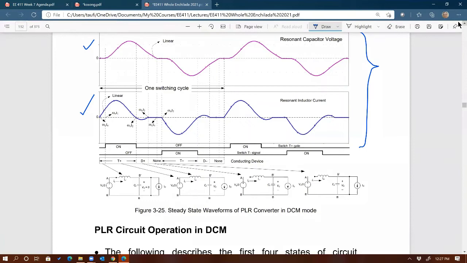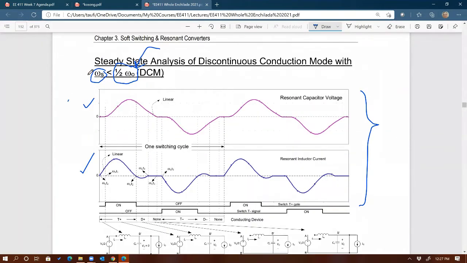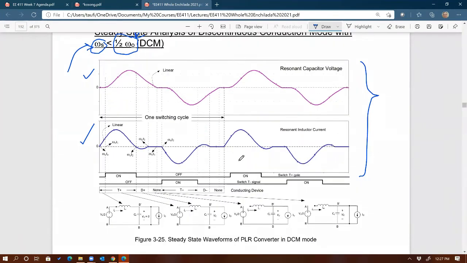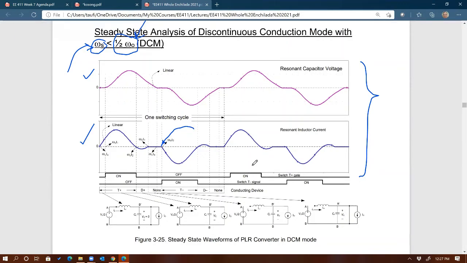Remember what I said earlier, this is something you can still play around with, and that corresponds to moving this point. If you move this point to the right, the switching period is longer, which means the switching frequency is smaller.